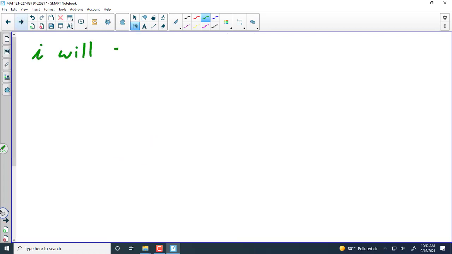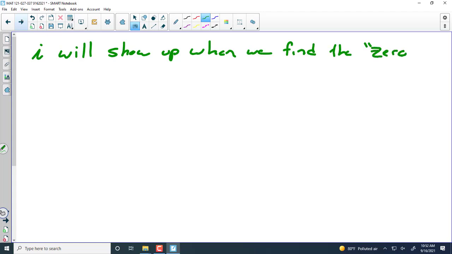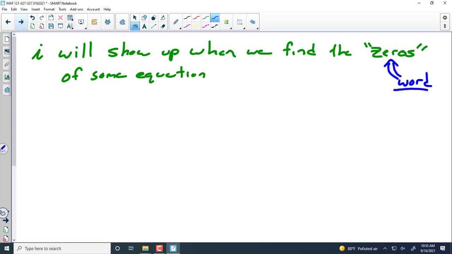I will show up when we find the zeros of some equation. And I wrote the word zeros here. It's important if you're taking notes and looking at that later that you notice that I wrote the word zero, not the number zero. I didn't put a circle, apostrophe S. I will show up when we find the zeros of some equation.